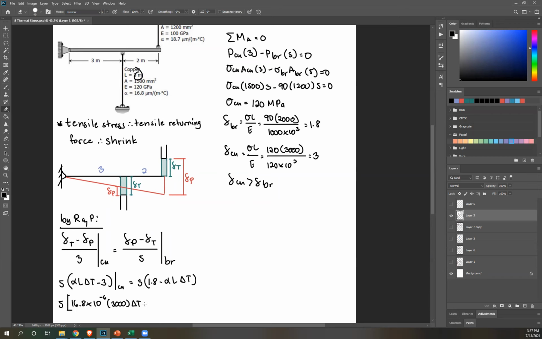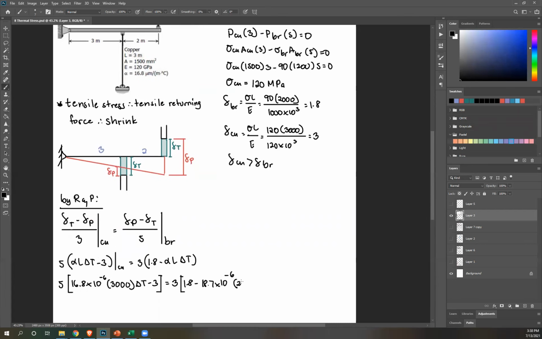And then minus 3 equals 3 times 1.8 minus alpha of brass, that's 18.7, times 10 to the negative 6.